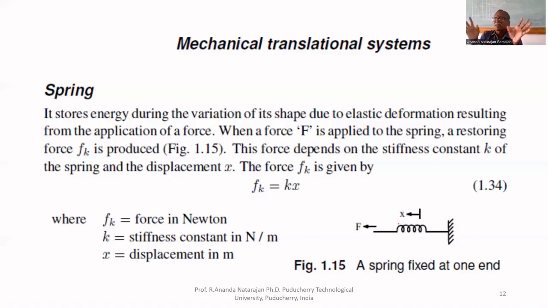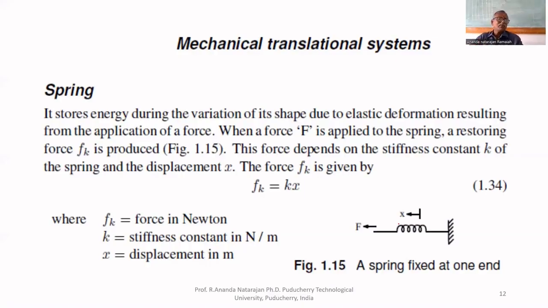Therefore, any electrical system has the property of resistance, because a wire has resistance, you know. It has inductance and capacitance properties. That's why any electrical system is made up of resistor, inductor, and capacitor.